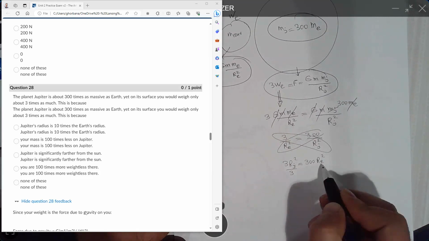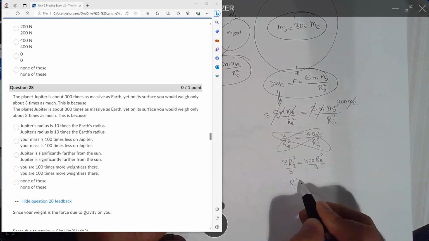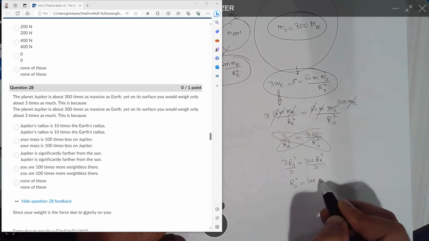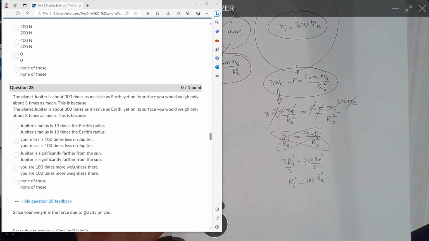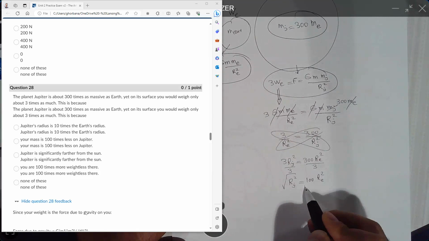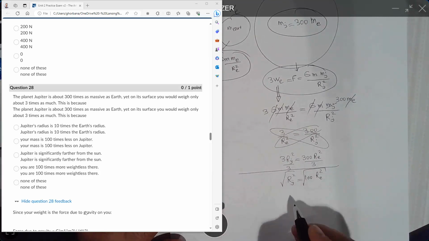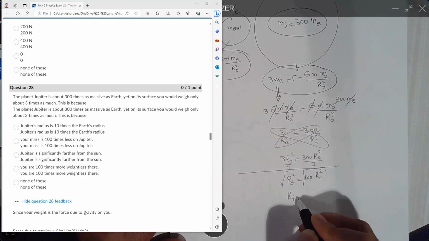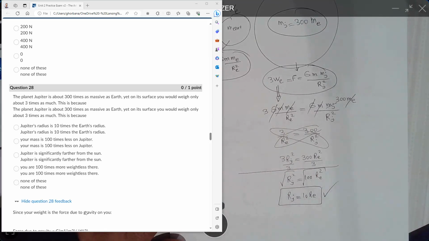Divided by 3, it is going to be radius of the Jupiter squared equals 100 times radius of the Earth squared. Take the square root of both sides. So when you take the square root, the radius of Jupiter is going to be 10 times the radius of the Earth.